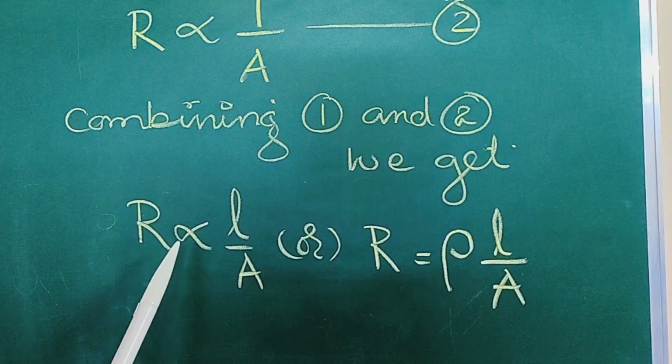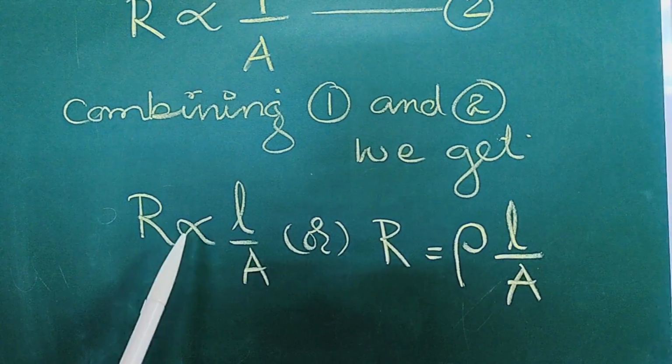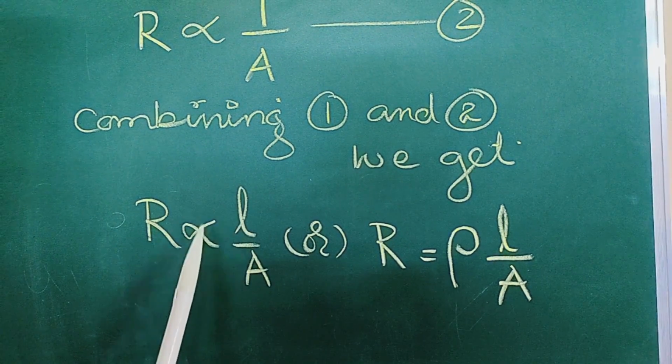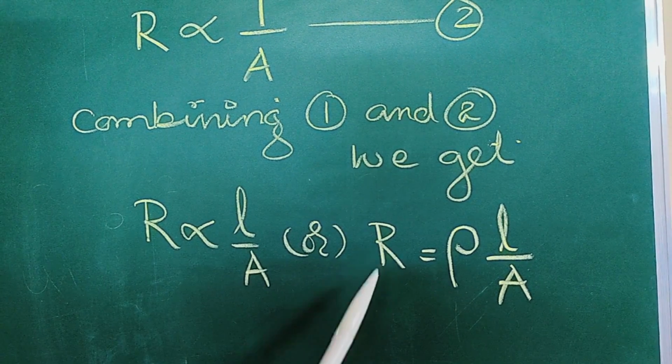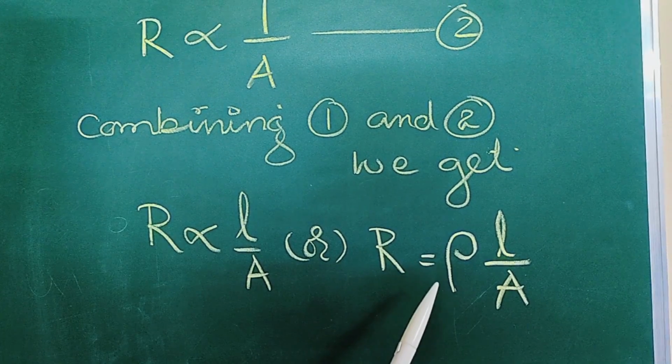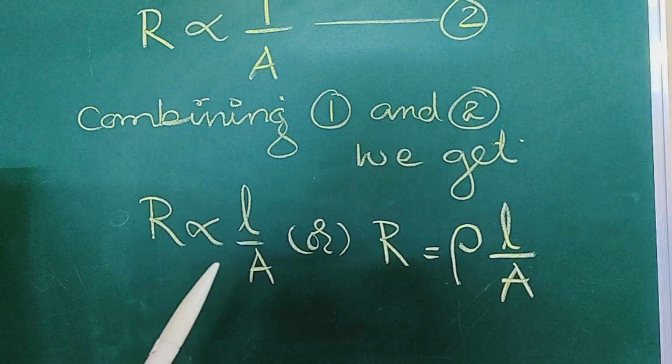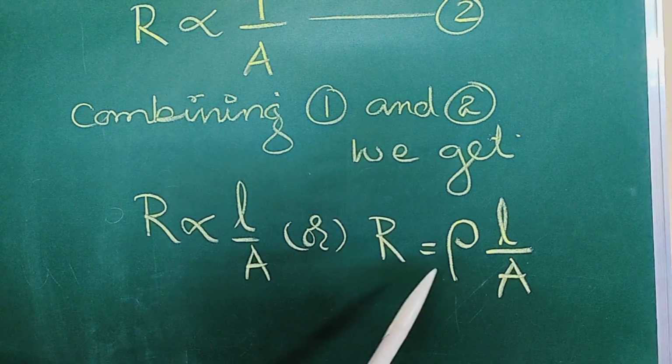And as we know, we have to remove the proportionality to calculate the resistance here. So, by removing the proportionality, we apply a constant value rho. Rho is a constant of the material of the conductor, and it is called resistivity.